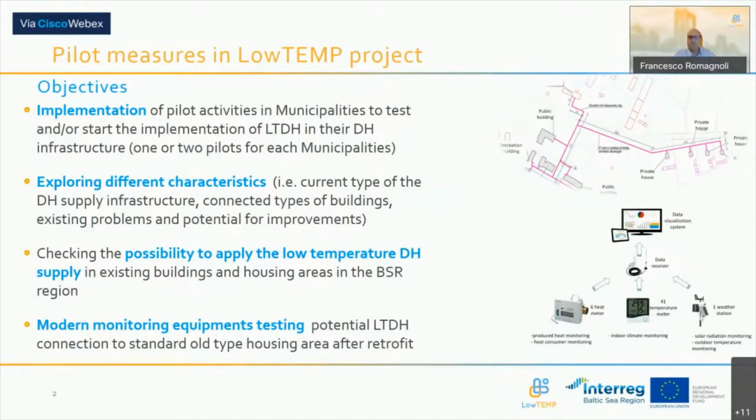In this way, pilot activities were specifically made in cooperation with the municipalities and regions involved in the project, in order to test and start a real low-temperature district heating project in already existing district heating infrastructure.